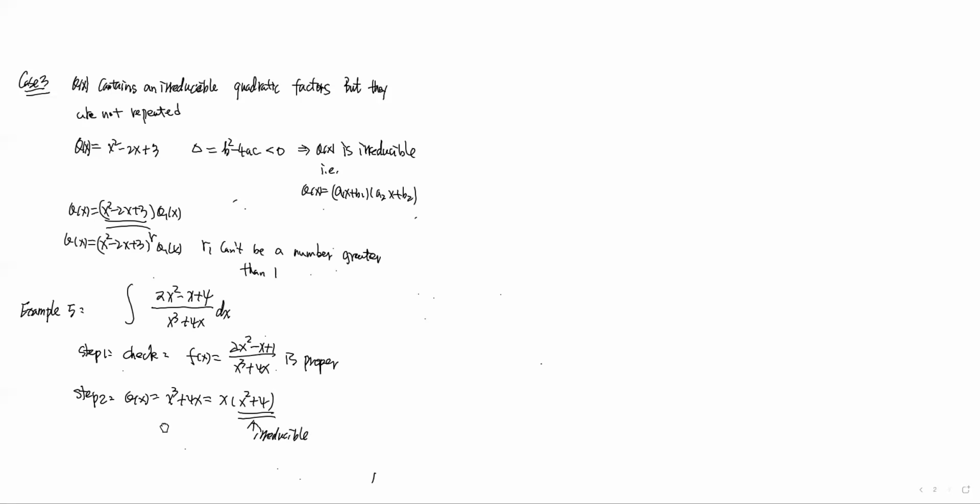So by this method, we can write f(x) equals (2x squared minus x plus 4) over (x cubed plus 4x) as A over x plus (Bx plus C) over (x squared plus 4). This is a good example.